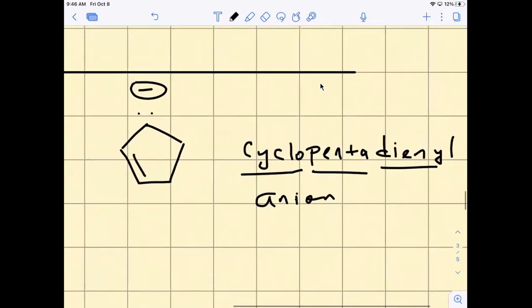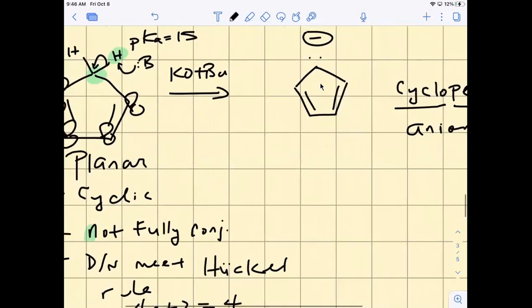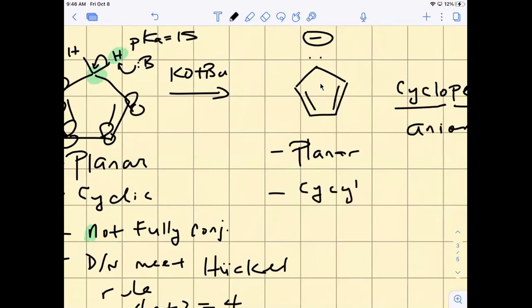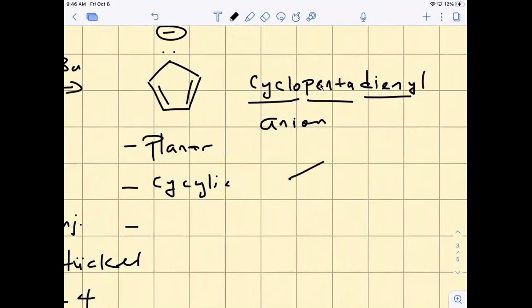All right. So now let's look at it and think about it. It's still planar. No problem with that. It's still cyclic. Nothing changed with that. The question now is about the conjugation. When you see that anion, if we were to draw that out and show the orbitals, that pair of electrons is in a p orbital.